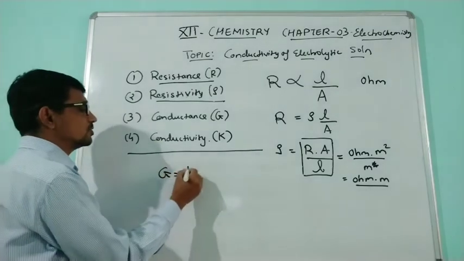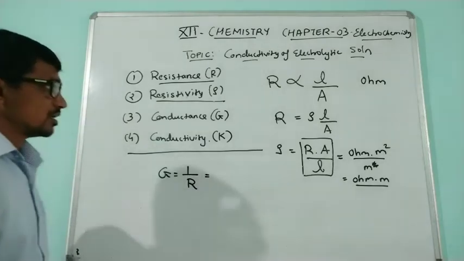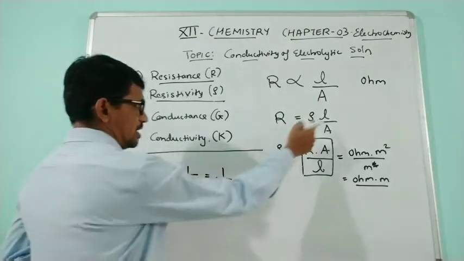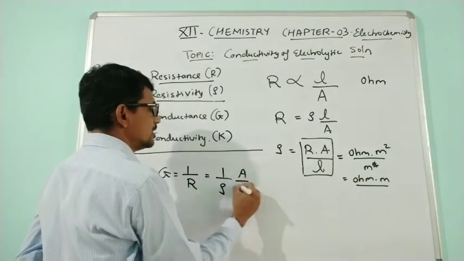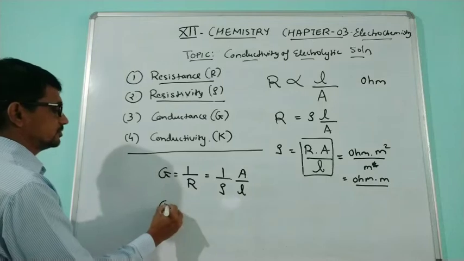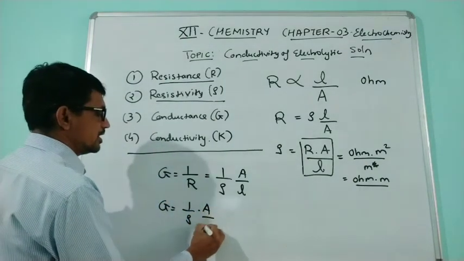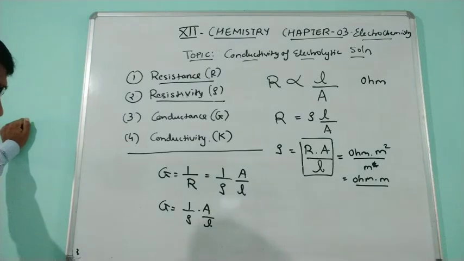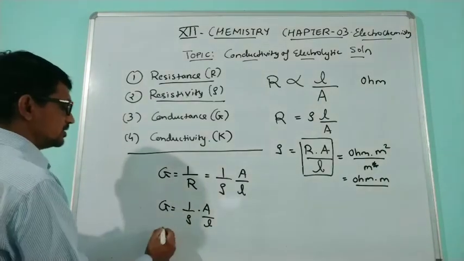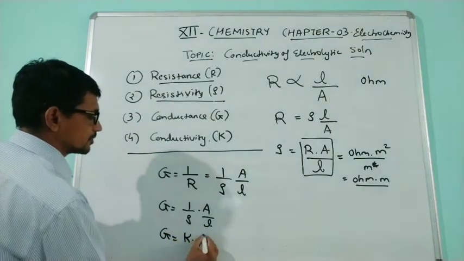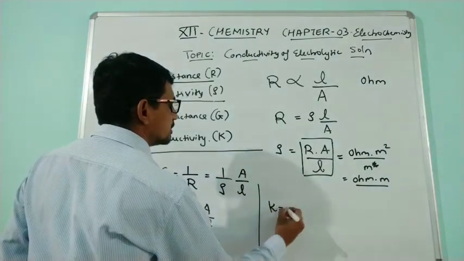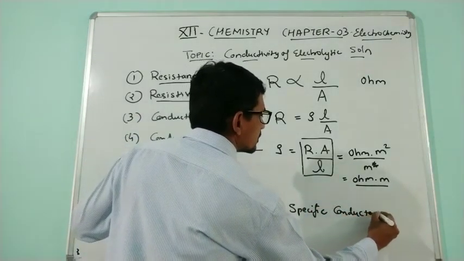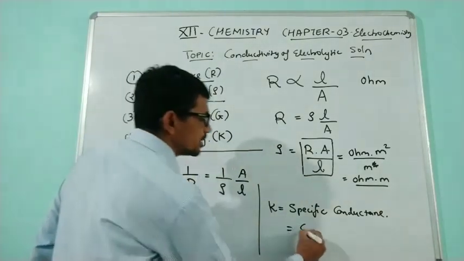So we write G is equal to 1 by R. R we have derived, so it is 1 by rho into A by L. So G is equal to 1 by rho into A by L. For the constant, 1 by rho is equal to kappa, K, where K is nothing but the specific conductance, also known as conductivity.